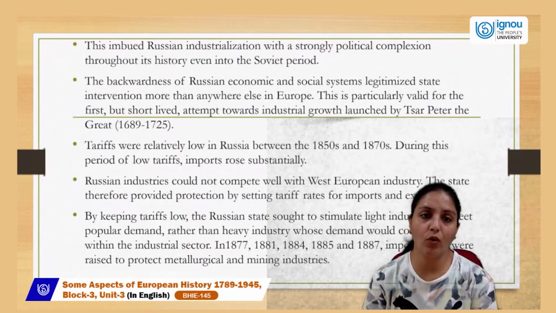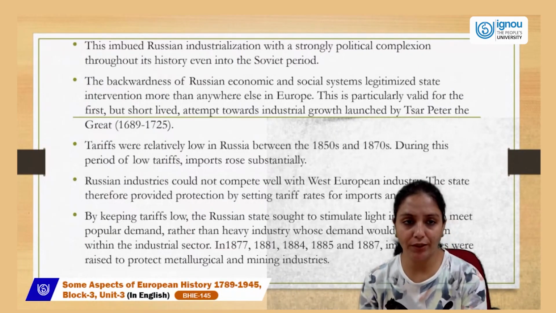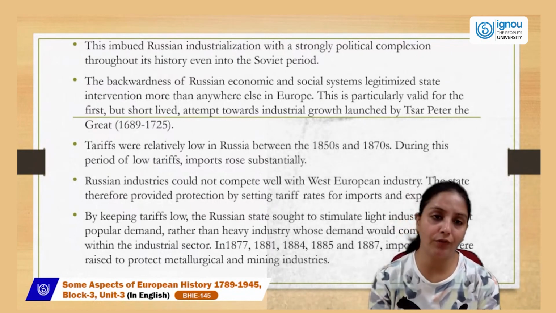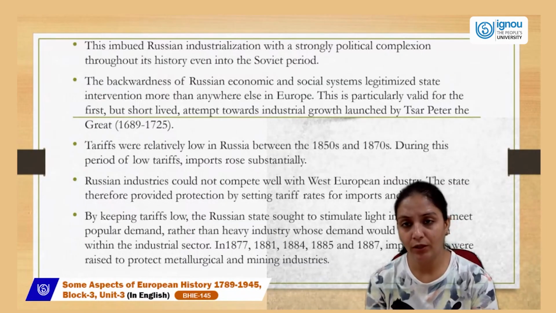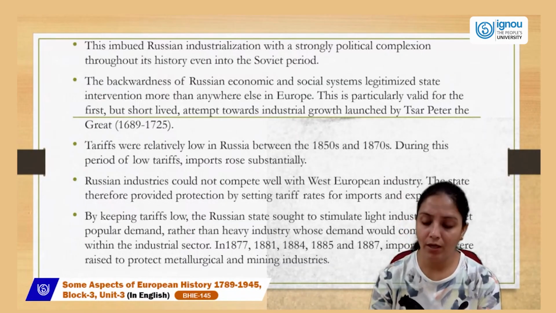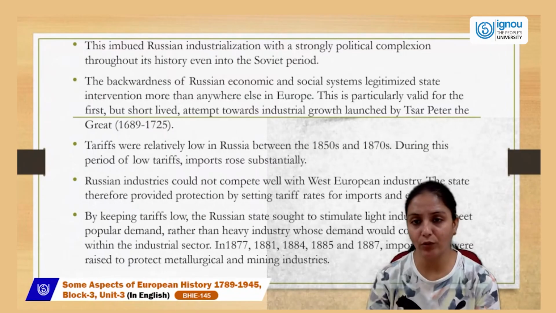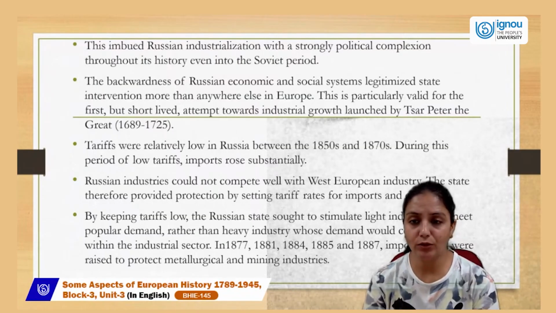Russian economy was backward. Social system was backward. They wanted to intervene more than anywhere else in Europe, as their social system and economy were backward.